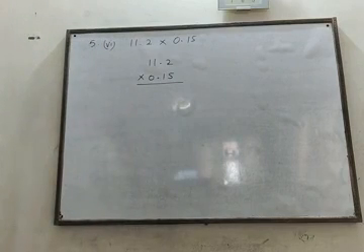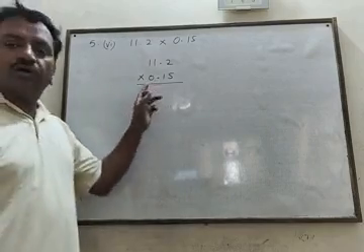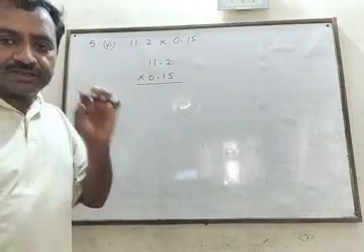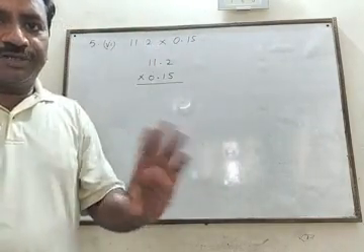Now in the case of multiplication, we do not follow this rule of decimal followed by decimal, digit followed by digit. This rule we apply only in the case of addition and subtraction. In addition, decimal followed by decimal, digit followed by digit.